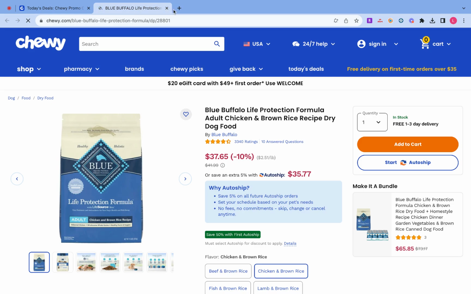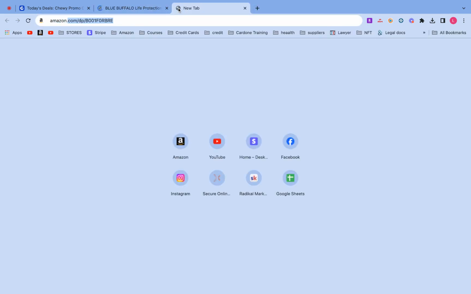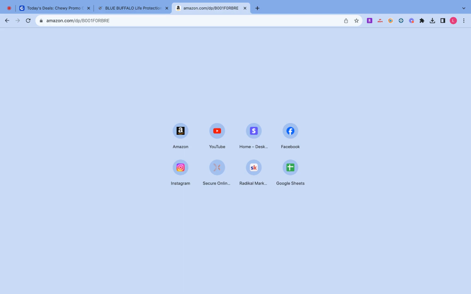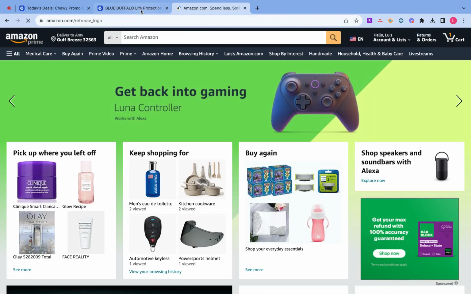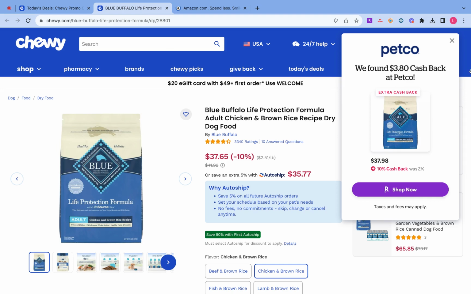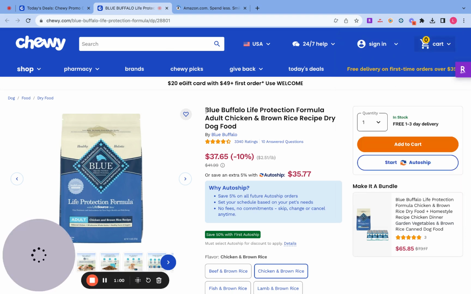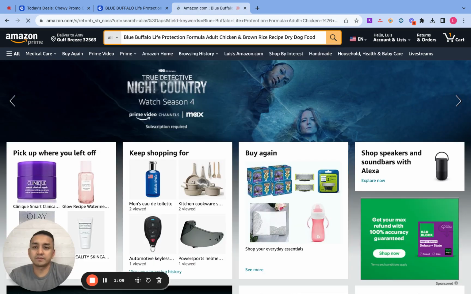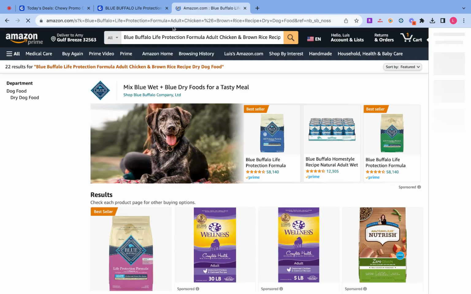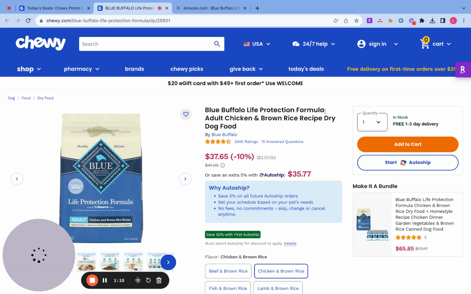So you start with a product, and then you go to Amazon.com, copy the title, and do a reverse search on Amazon. And then from here you would look for the exact same product.